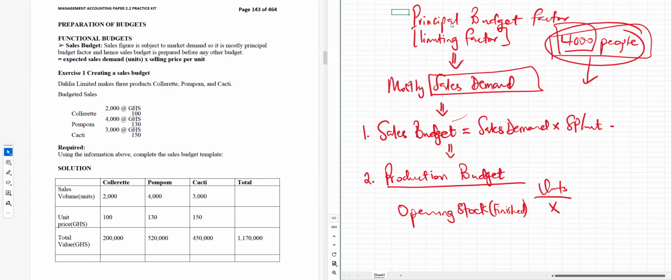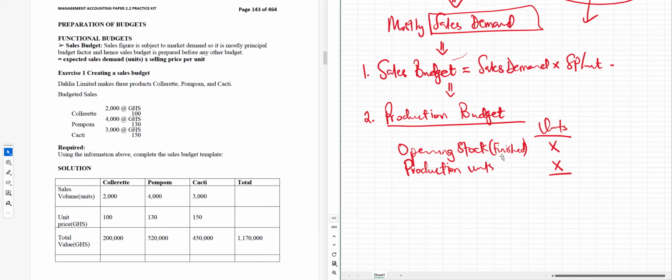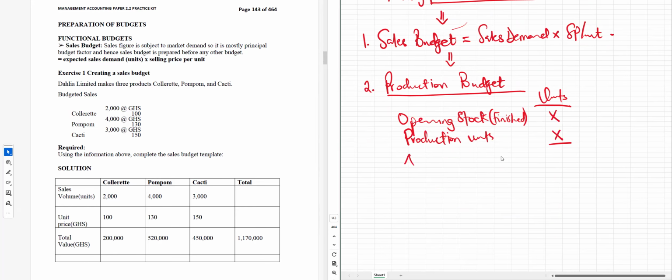Then after opening stock, we'll come and produce more, right? Then this will become the goods available to sell. True or false?